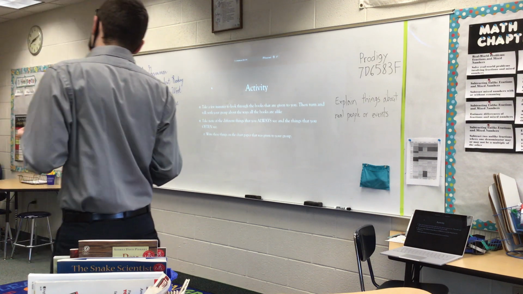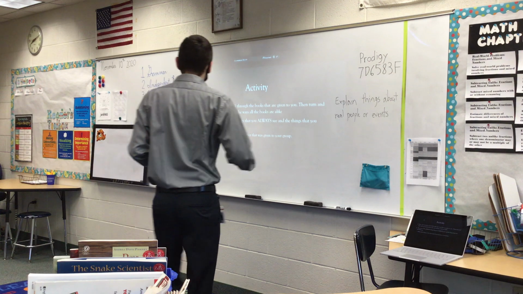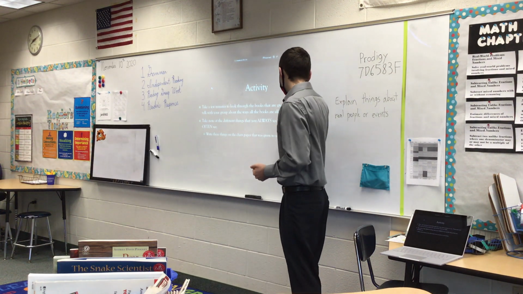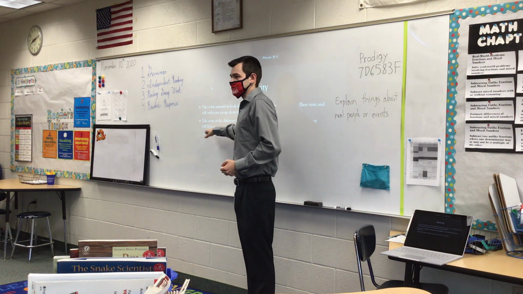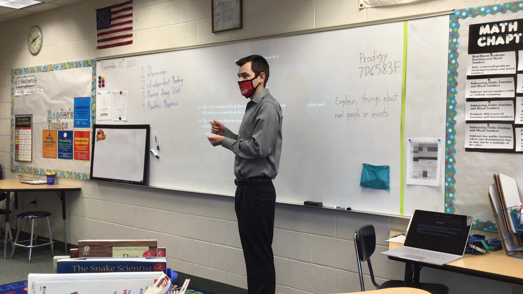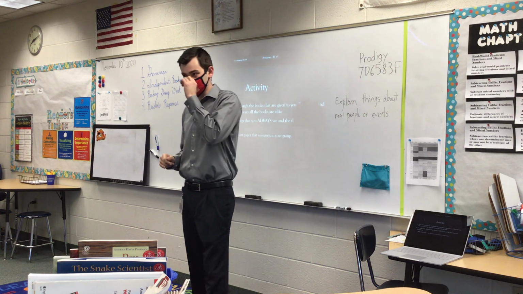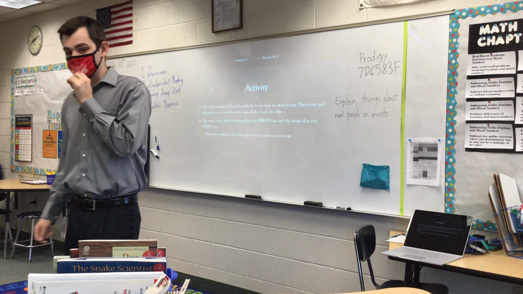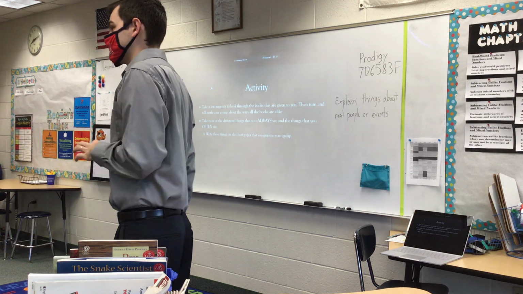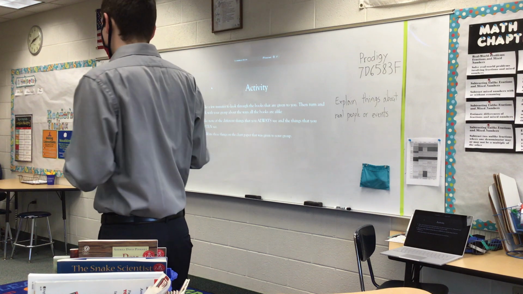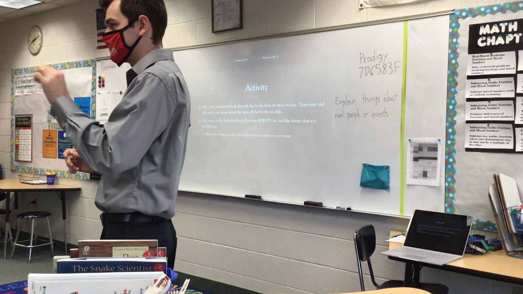You're not reading the whole book. You're just looking to see what you always see and what you often see. So you're skimming. You're going very quickly through them. You're looking for text features, mostly. So you're going to be going through these books trying to find things that are common or things that you often or always see. And then you're going to write them down.